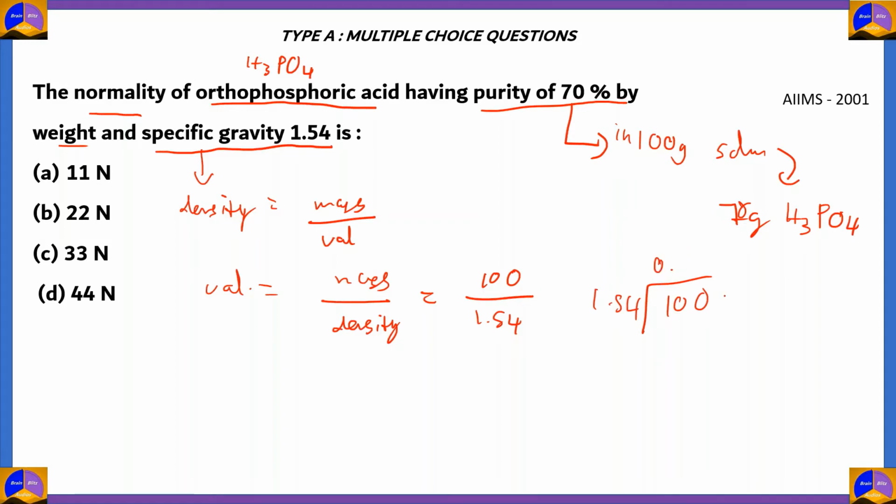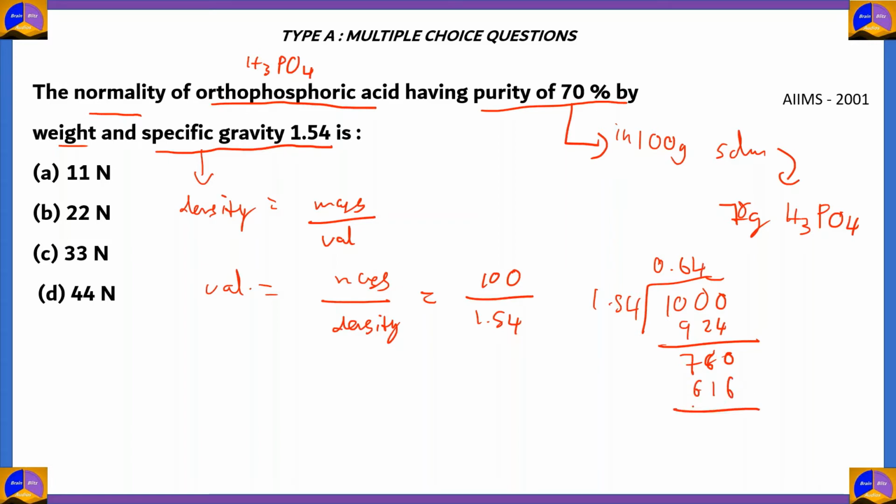So 0 point, so that becomes 1000, and then 1.54 times 6 will give you 924. That makes 760. And then we can multiply 154 by 4. You'll get 616.